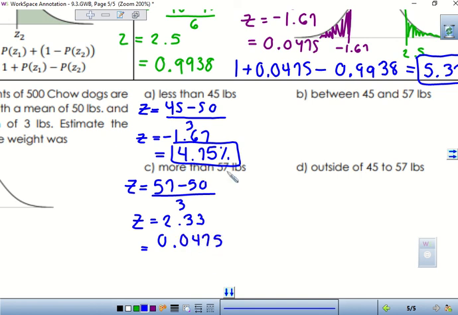But on this one, it's more than 57. So how do I adjust here? Yep, 1 minus the value, which comes out to be 95.25%. So remember, if it's more than, you have to take 1 minus the chart value. Everybody feel okay about that?